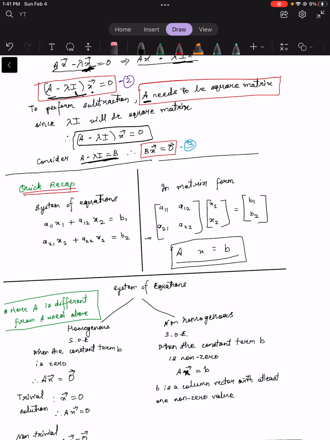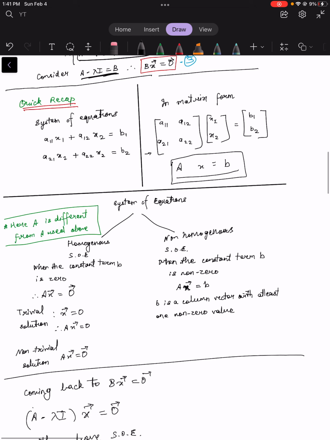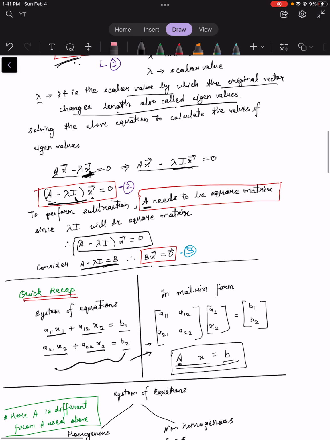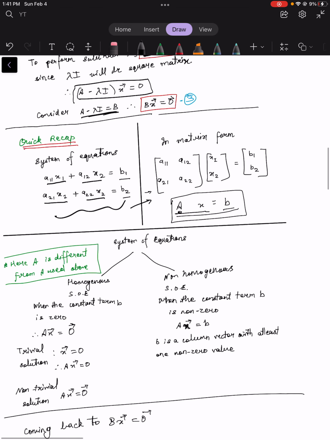Now let's quickly recall a few concepts. If we have a system of equations a11x1 + a12x2 = b1, a21x1 + a22x2 = b2, then we can write this system in matrix form as Ax = b. Here remember that this A is different from the A which we started with.